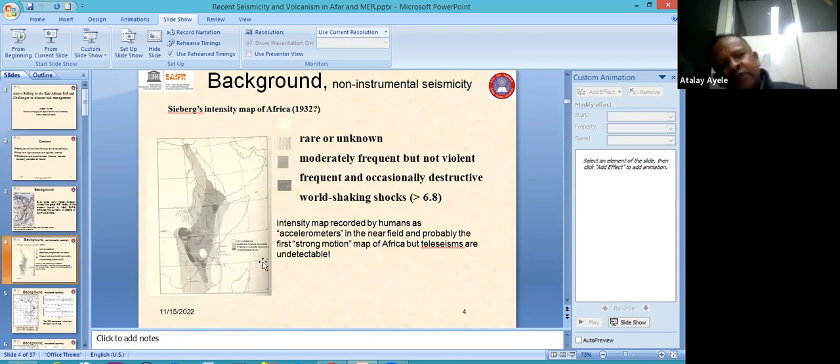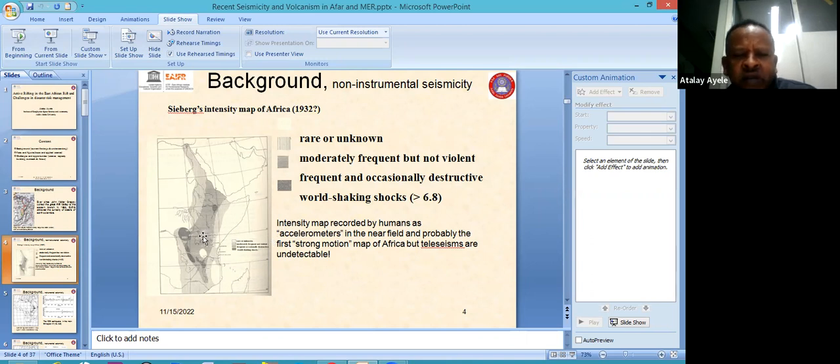The one that you see on the left panel is a seismicity map produced by Seiberg in 1932, I think, from macroseismic data collected from missionaries in the East African region. So the white one is rare or unknown, and the next, a little bit darker one, is moderately frequent but not violent.